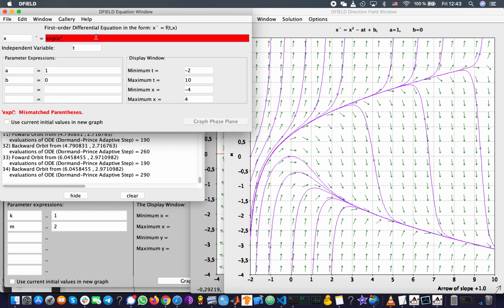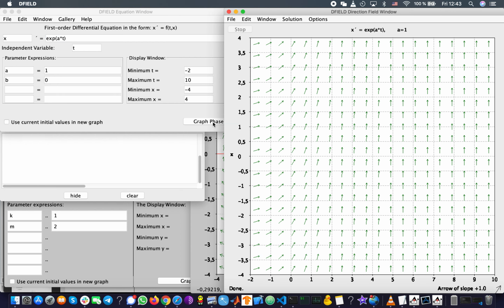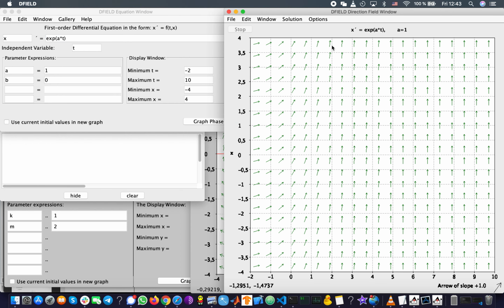And again, for instance, I have a as 1, therefore I will have x of t equal to exponential of at, e to the power at.